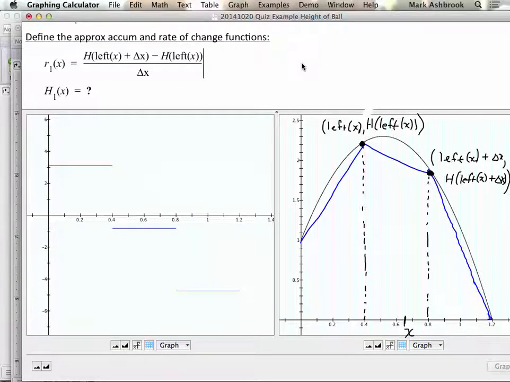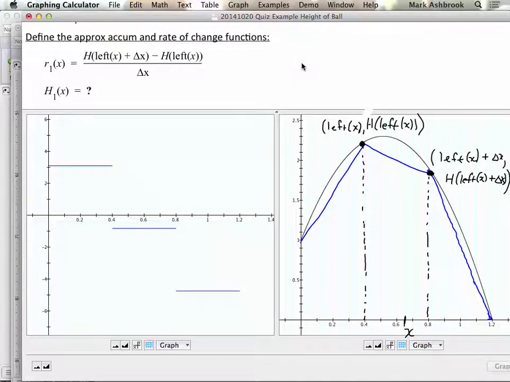In order to create the approximate accumulation function, you need the rates to do that. So when you actually create the functions, the approximate rate function comes first, and then you use that to write the approximate accumulation function. But the process that we're thinking about is exact accumulation, approximate rate, exact rate.